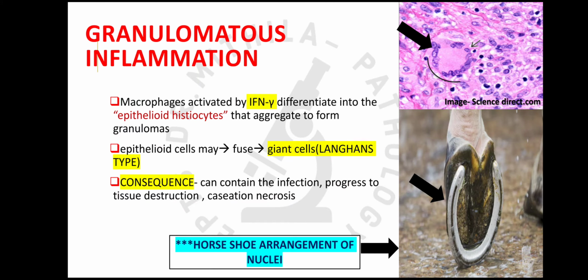So granulomatous inflammation is a hallmark or characteristic feature of tubercular infection, in which the macrophages which are activated by the interferon gamma differentiate into epithelioid histiocytes.